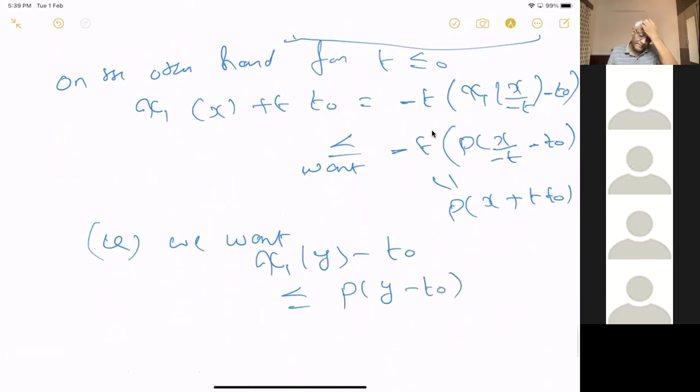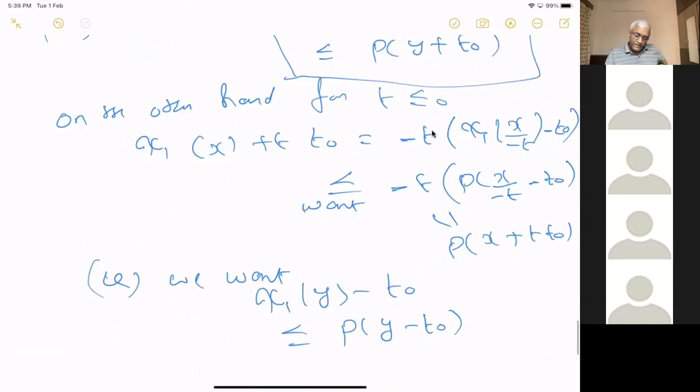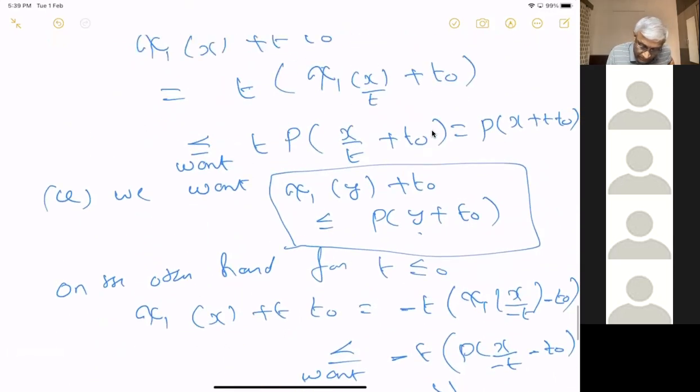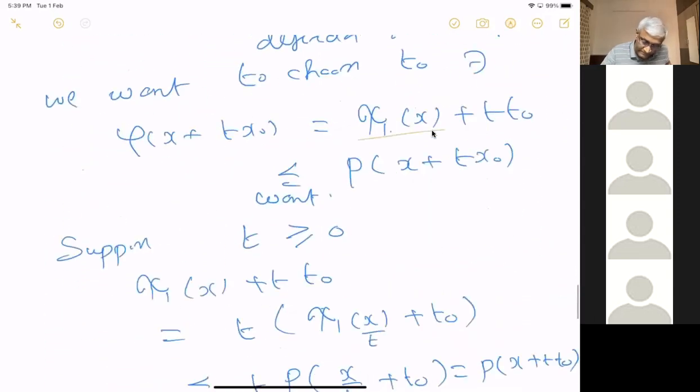Right? I'm just, instead of x divided by minus t, taking it as y. This is true for all y we want. They called it y1, no? Yeah, y1.